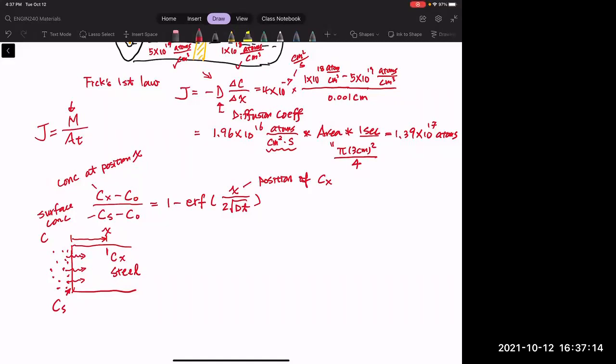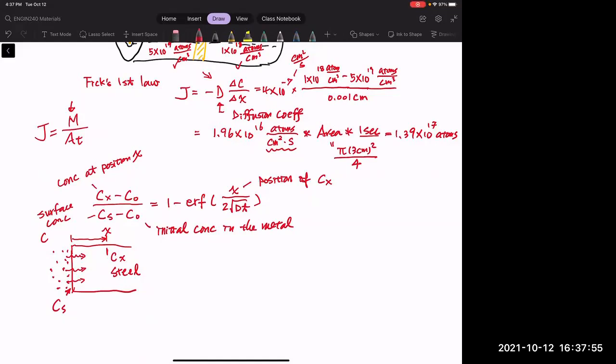So the C0 represents the initial concentration inside of the steel. It's the initial concentration in the metal. Okay, so the D here represents the diffusion coefficient, the t represents time. So normally if we write small t, it's time. If it is capital T, it will be the temperature.